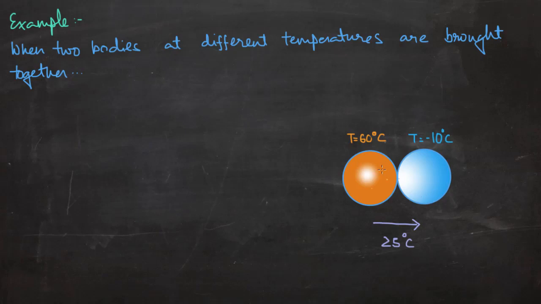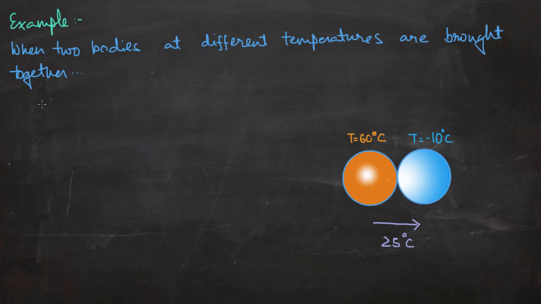That is, the amount of heat that is lost by the body at a higher temperature will be equal to the amount of heat that is gained by that at a lower temperature. So we can see that the difference of the temperature 60 and minus 10 would lead us to a final temperature of 25 degrees centigrade.